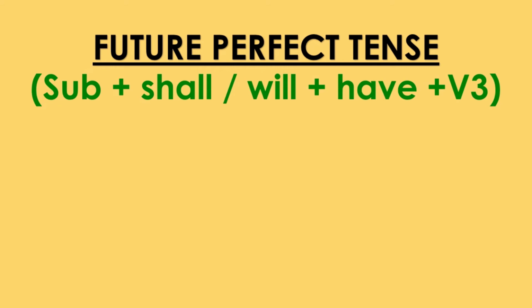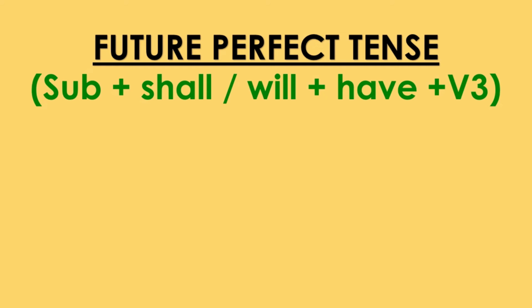And so far as the structure is concerned, it starts with a subject, followed by shall or will, followed by have, and finally will come the third form of the verb, that is the past participle form of the verb.